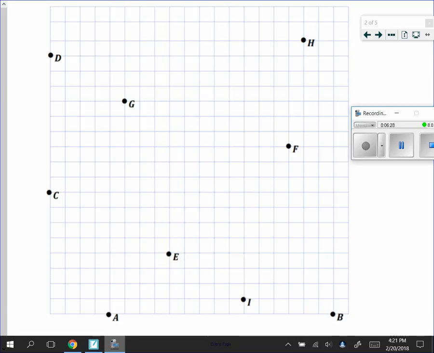It looks like this. Now, I want you to take a moment and locate the origin and label it. I want you to locate the x-axis and label it. And I want you to locate the y-axis and label it. So take a moment and do that.